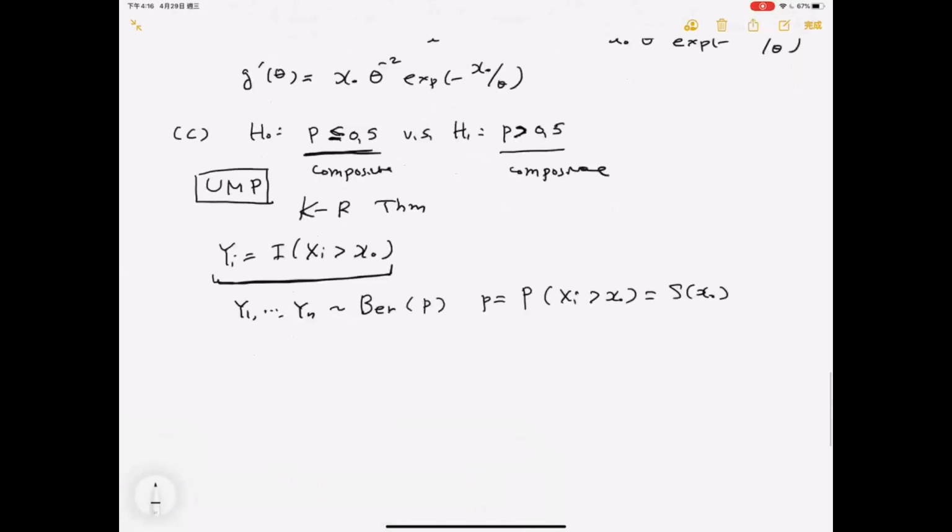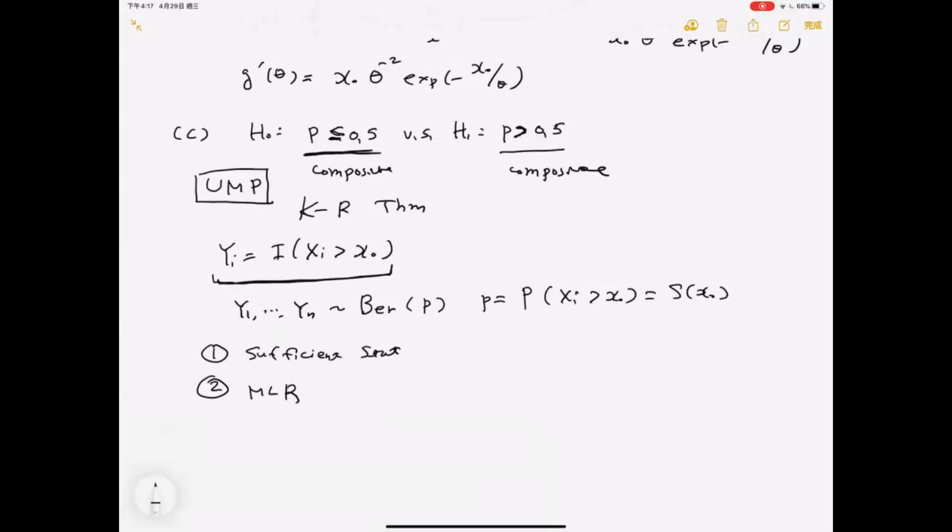Okay, so using the Karlin-Rubin theorem, again, I talked about it Monday, right? There are two things you need to work on the Karlin-Rubin theorem. One thing is sufficient statistics. Another thing is the MLR property, right?